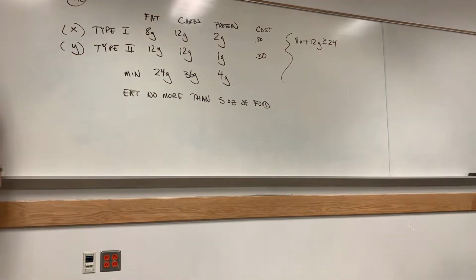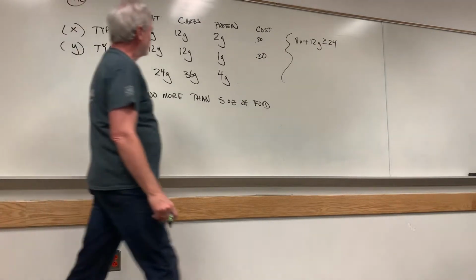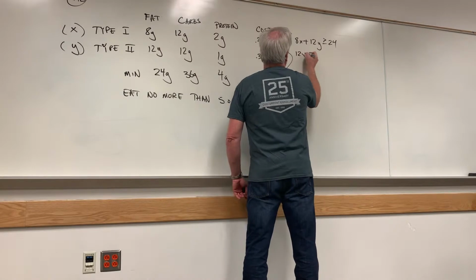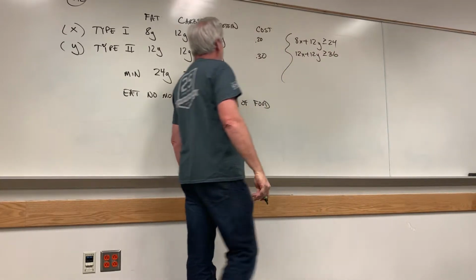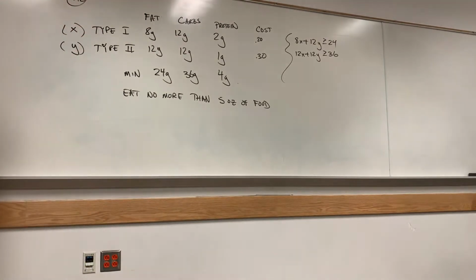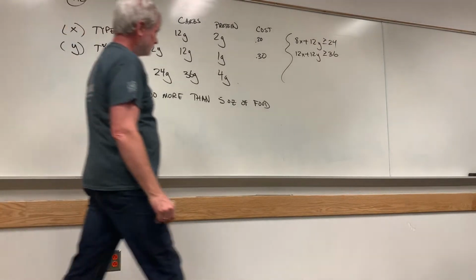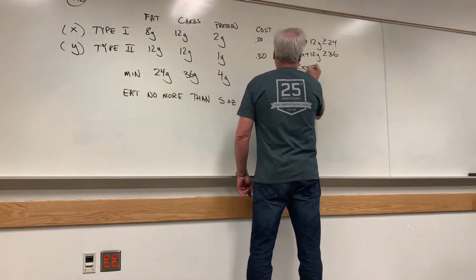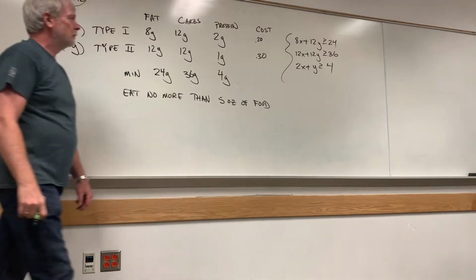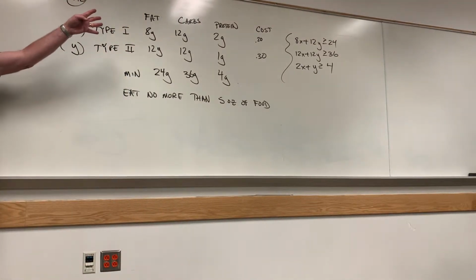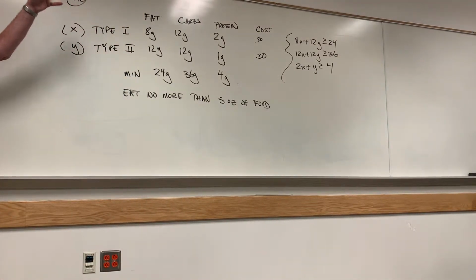Well, what do I know about the carbs? 12X plus 12Y greater than or equal to 36. What do I know about protein? 2X plus Y is greater than or equal to 4. I'm not touching the cost because that is the objective.